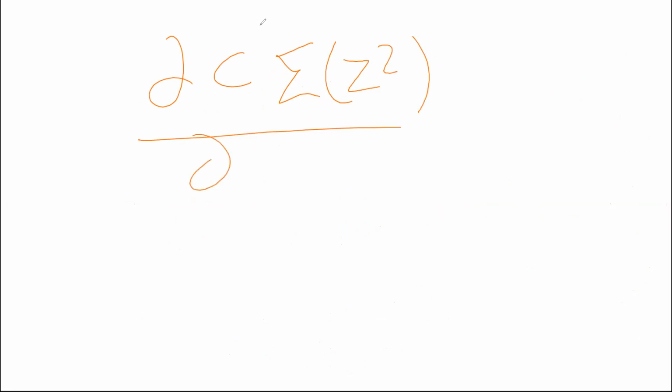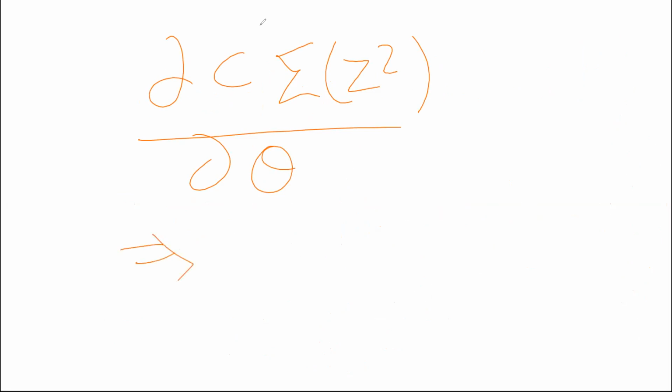So what will happen if we want to differentiate c summation of z square with respect to theta, where z is in terms of theta?